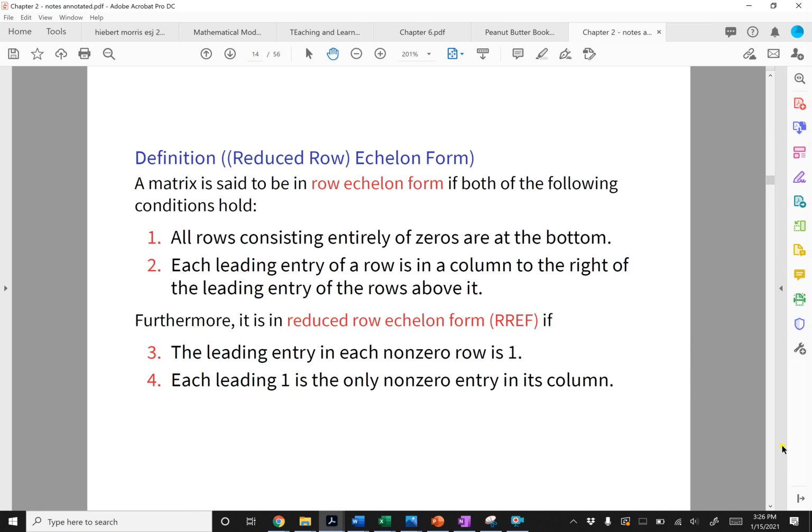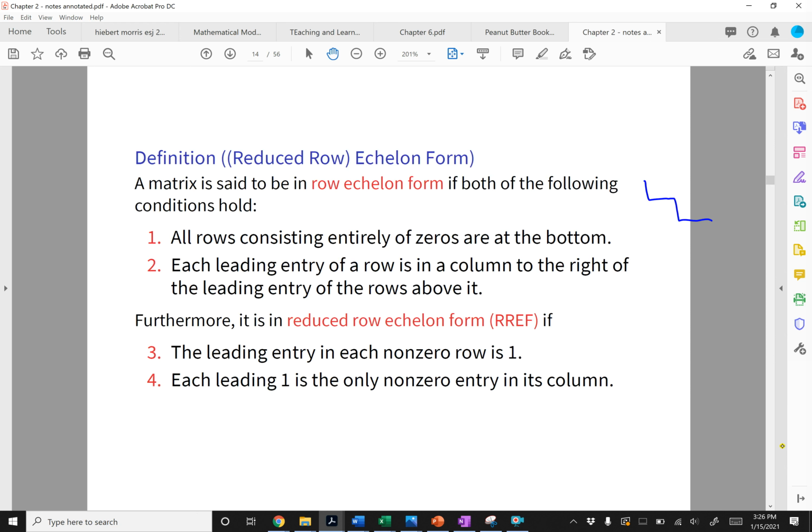Leading entries can help us define certain forms, and these are going to be the really nice forms that help us solve equations. So a matrix is said to be in row echelon form if both of the following conditions hold. All rows entirely of zeros are at the bottom, and each leading entry of a row is in a column to the right of the leading entry of the rows above it.